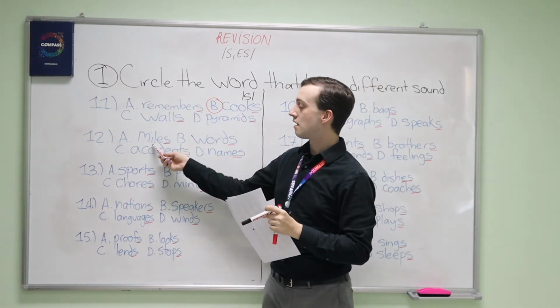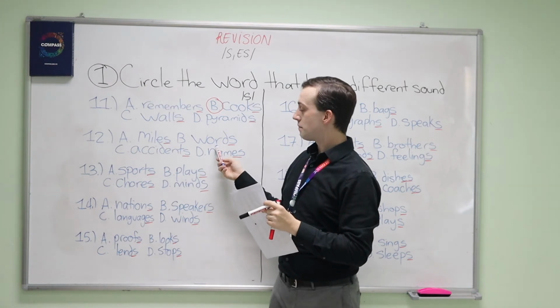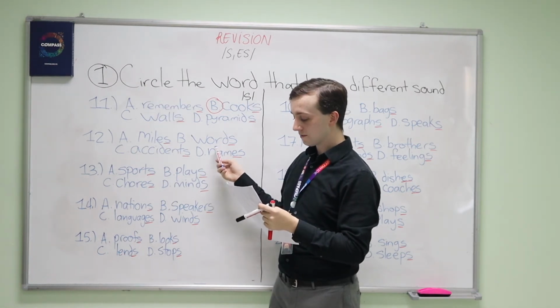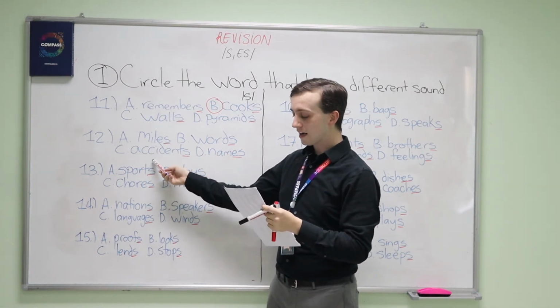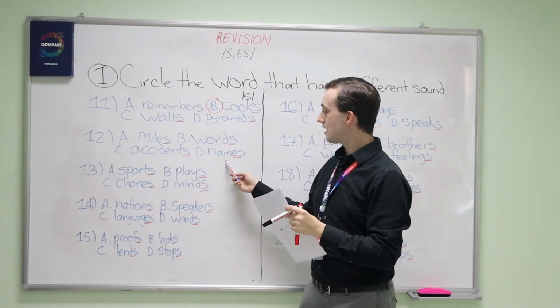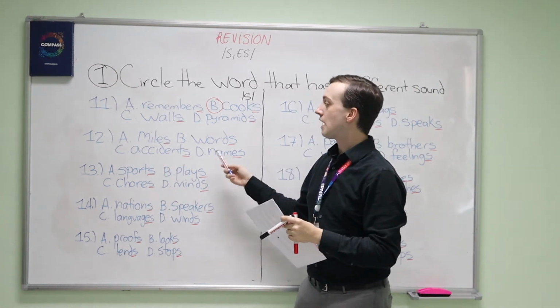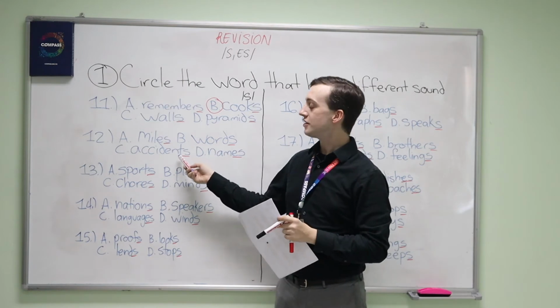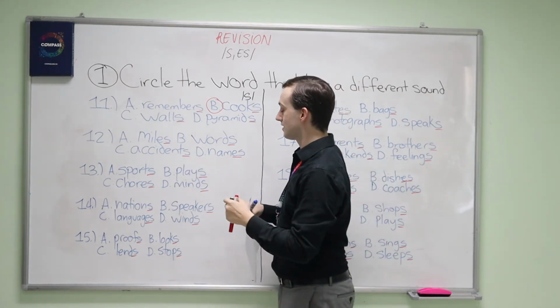A is miles, B, words, C, accidents, and D, names. In 12, the different pronunciation is C, accidents.